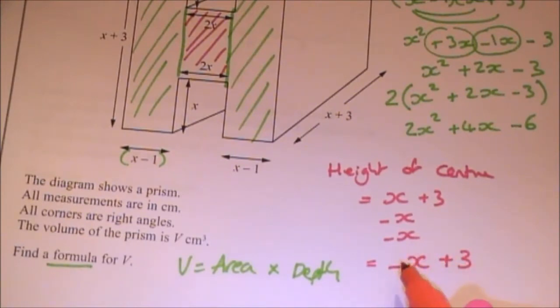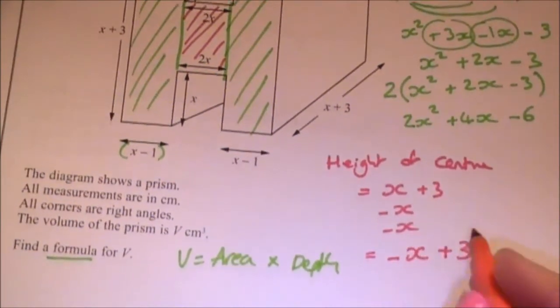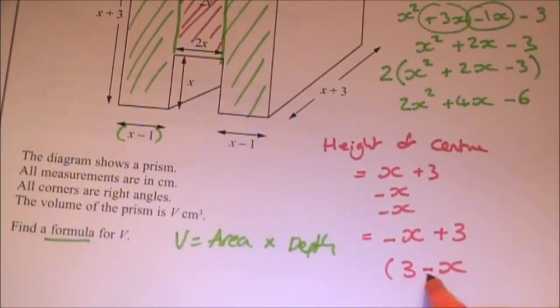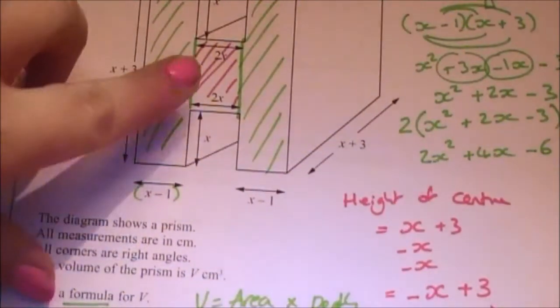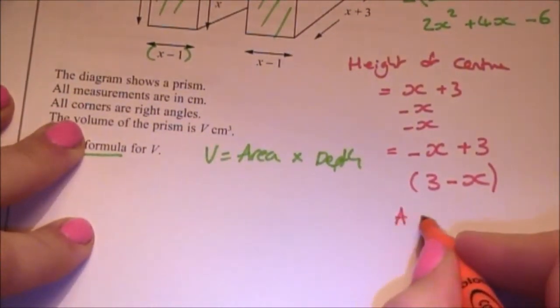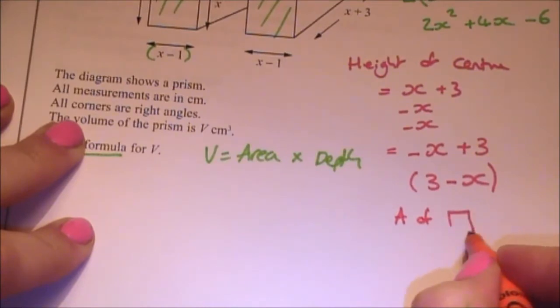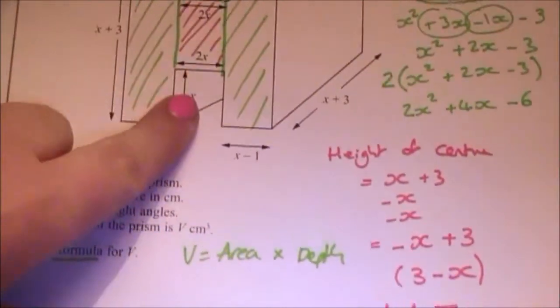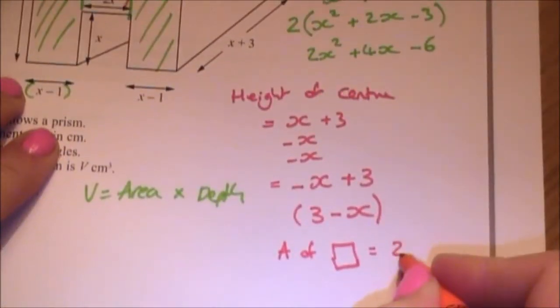Now it's not very convenient having a negative floating around at the front of an expression, so as long as the 3 is positive and the x is negative, I think it's friendlier to write that as 3 minus x, because the 3 is still positive and the x is still negative. Now, the fact that I found the height of that rectangle means I can now go ahead and find the area of the shorter rectangle, and that's going to be the base, which is 2x.